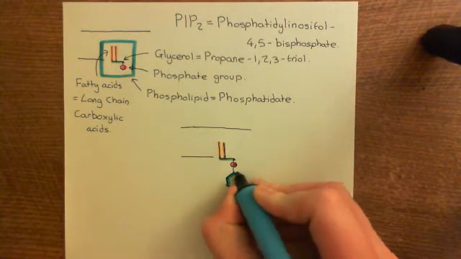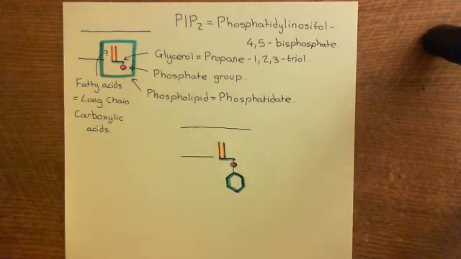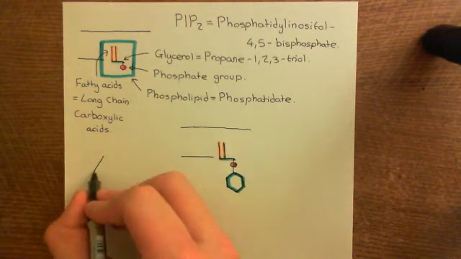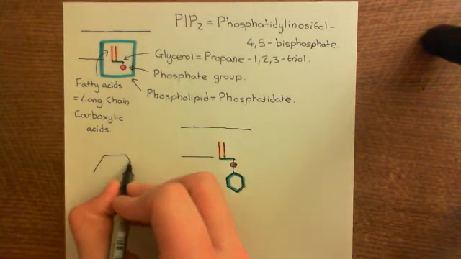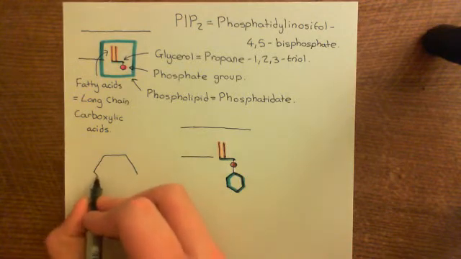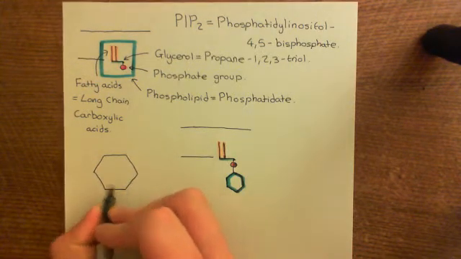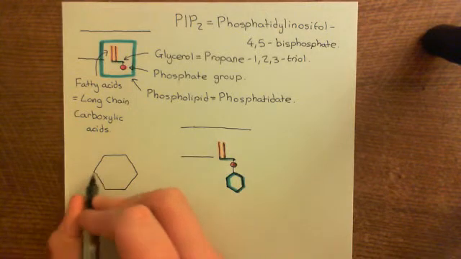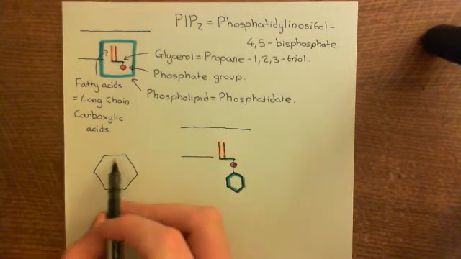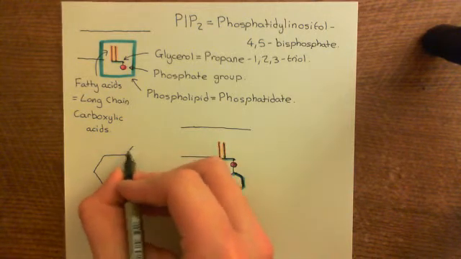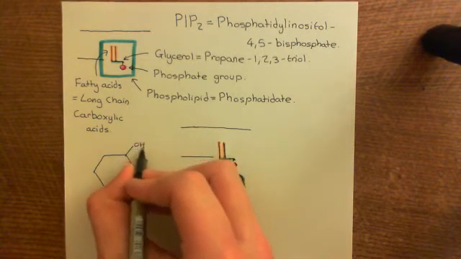Now, inositol might be unfamiliar territory for some people, so I just want to tell you what the skeletal formula for inositol is. Remember, in skeletal formulas you don't show carbon atoms, you show them implicitly as corners. So we've got 6 carbon atoms here making up a ring, and all of the bonds in this ring are single bonds, and then off each carbon what you have is an alcohol group.